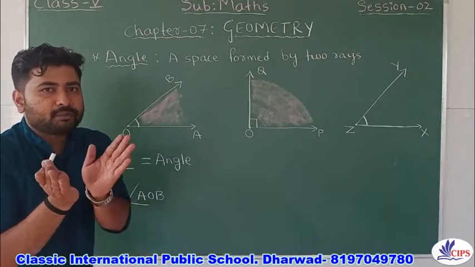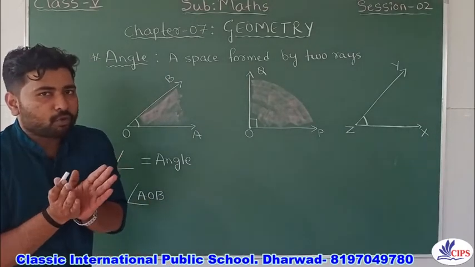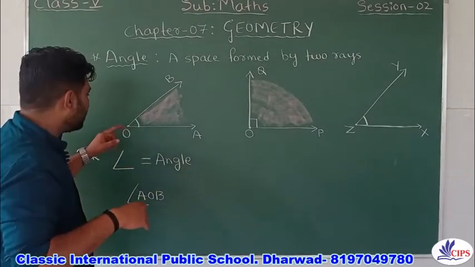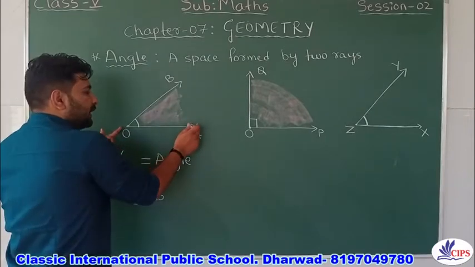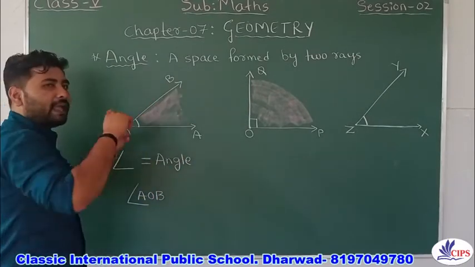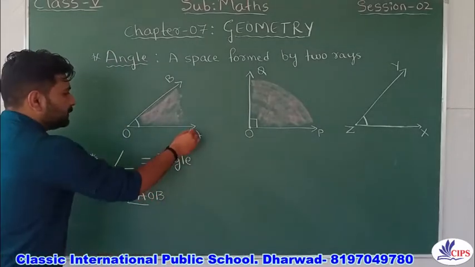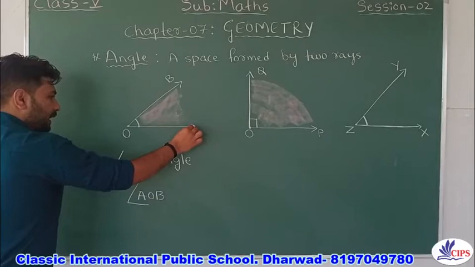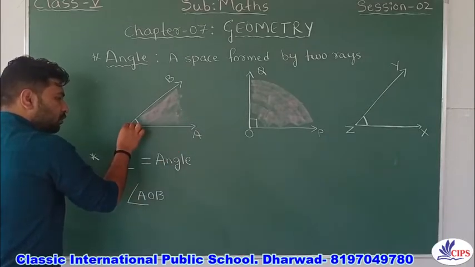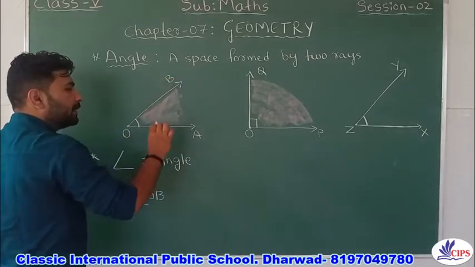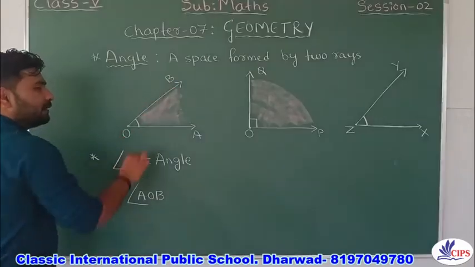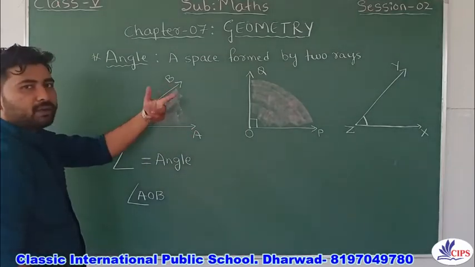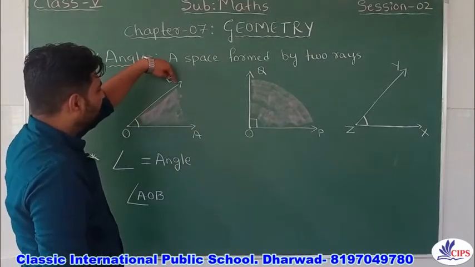An angle exists only between two lines which share a common point. These two lines have a common point. So you must read this angle as angle AOB. You started from A, came to O, the common vertex, then reached B. This total journey can be read as angle AOB, or you can read it as angle BOA.